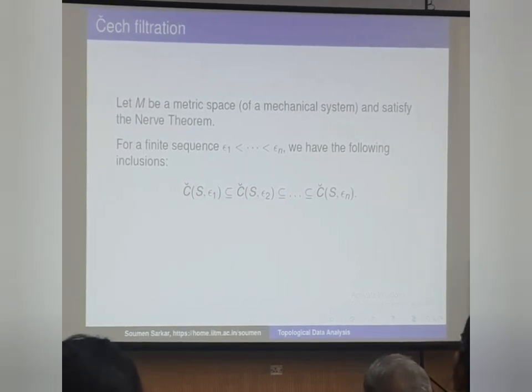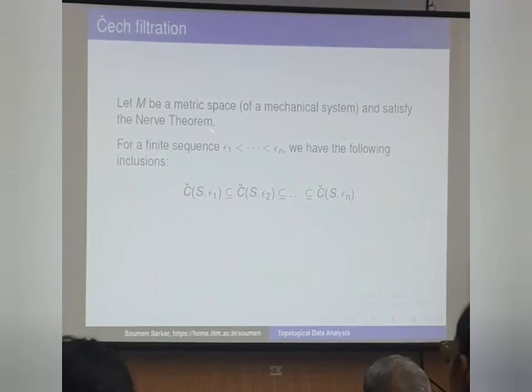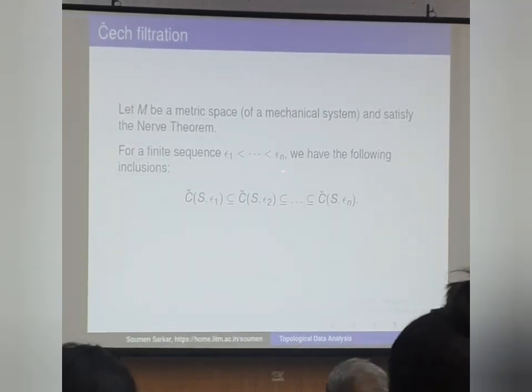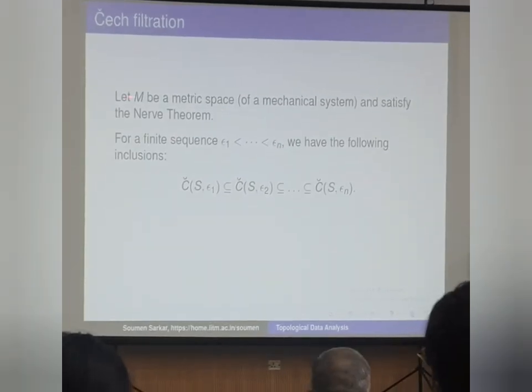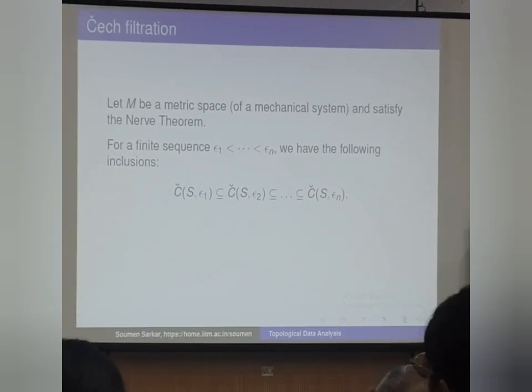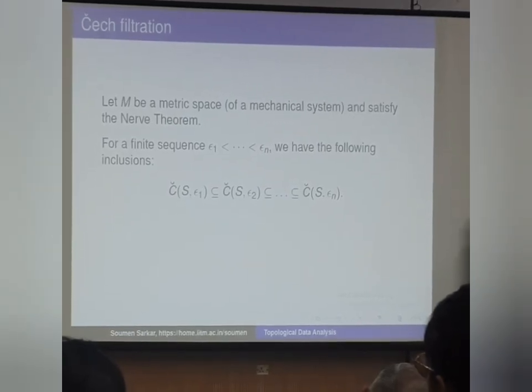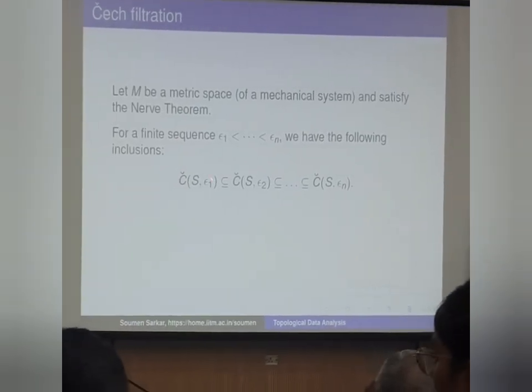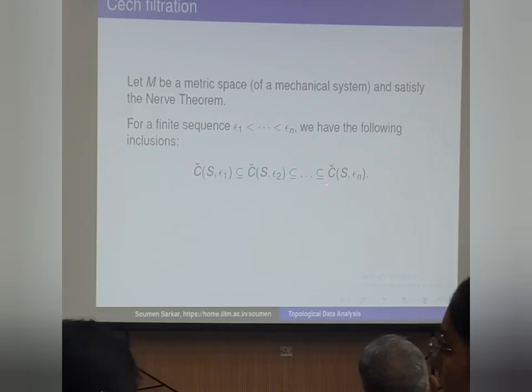So how far we should go? That means what choice of this epsilon_1 or epsilon_n we should have. It depends on the shape of the data, but how to determine that? Our goal is to determine the shape of the data, right? So we have a data set, so we will make these complexes one by one.